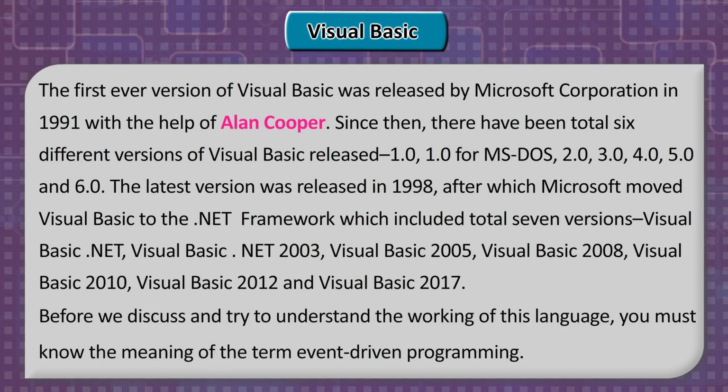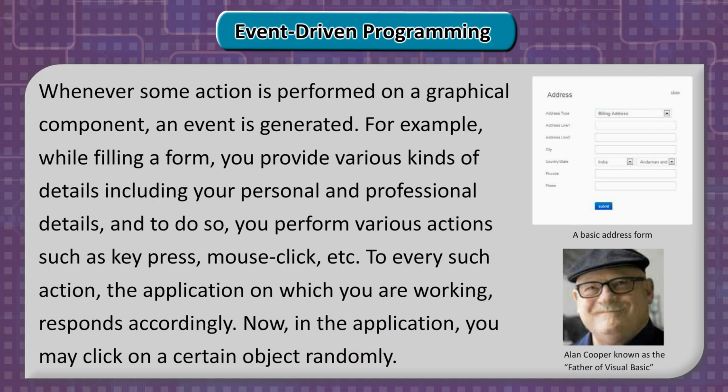Before we discuss and try to understand the working of this language, you must know the meaning of the term event-driven programming. Whenever some action is performed on a graphical component, an event is generated.